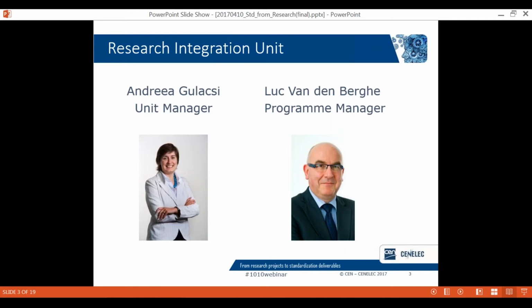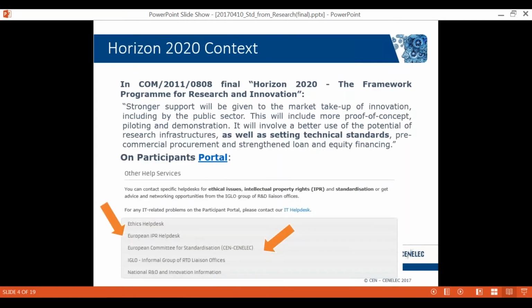Primarily, this is driven by the Horizon 2020 Research Framework Program, which is the current European Framework Program, FP8, for those of you familiar with the framework programs. And this program is, of course, ending in 2020, as the title suggests, but what the program did was give standardization a very strong and very visible role.